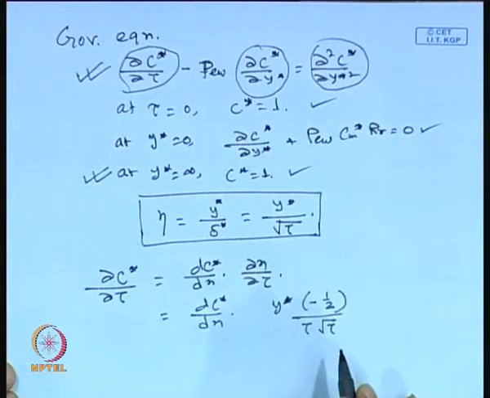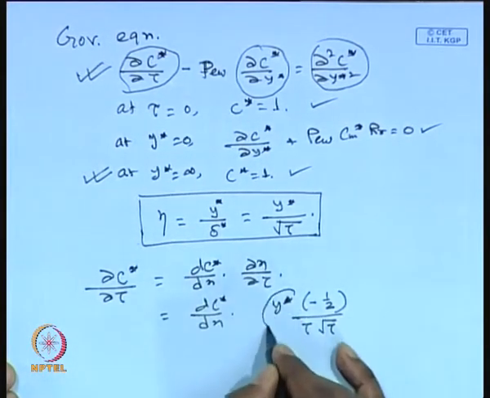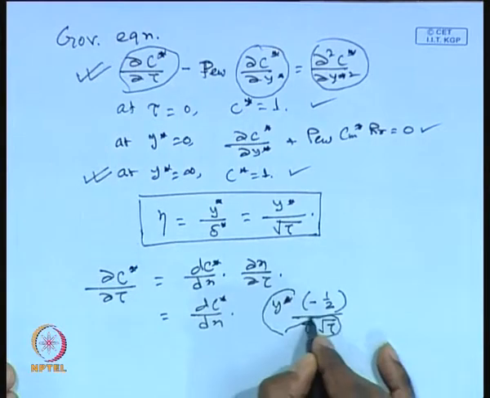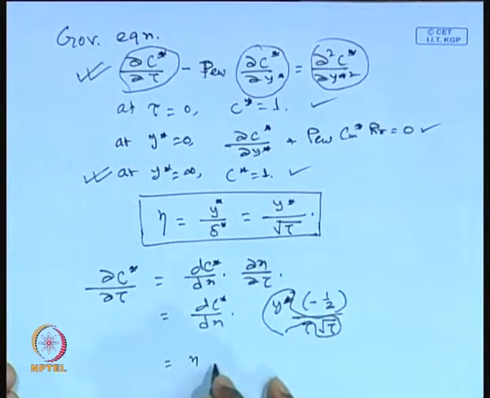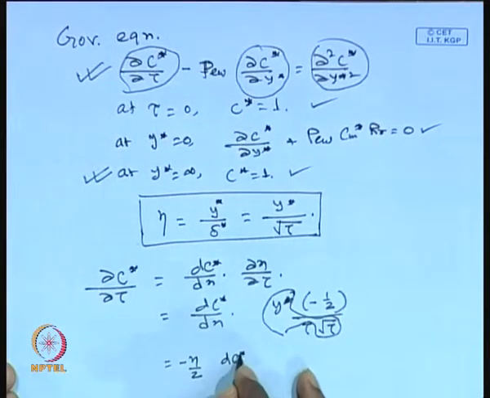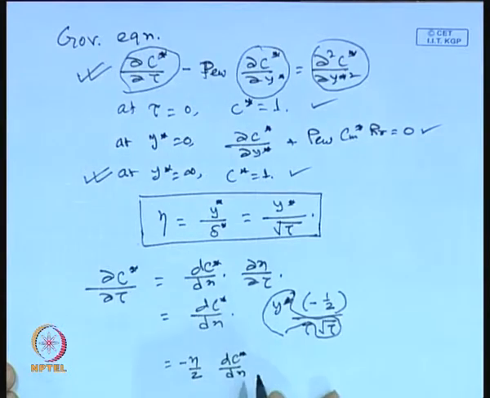Okay. Now, y star by root over tau becomes nothing but eta. So, this becomes minus eta by 2 d C star d eta, and you will have another tau here. So, you will have eta by 2 tau d C star d eta. Okay.